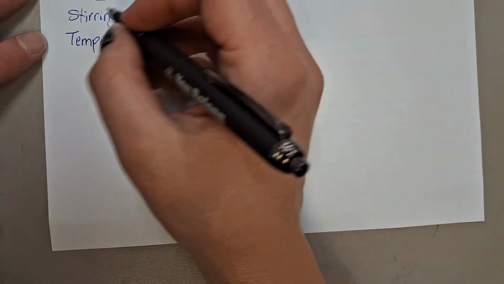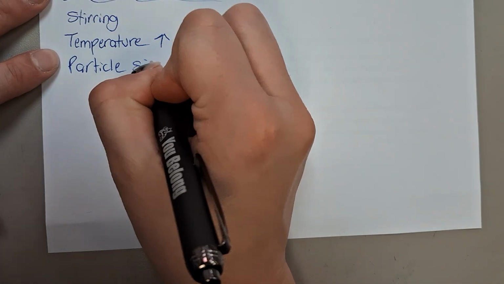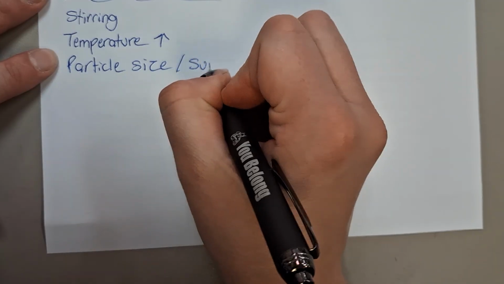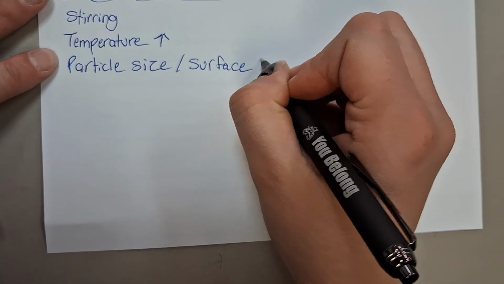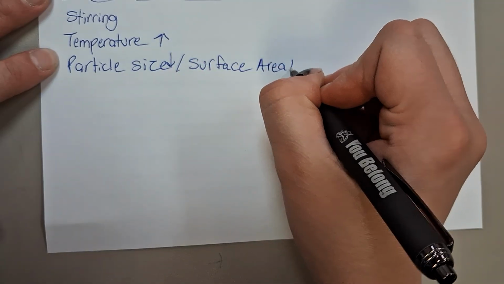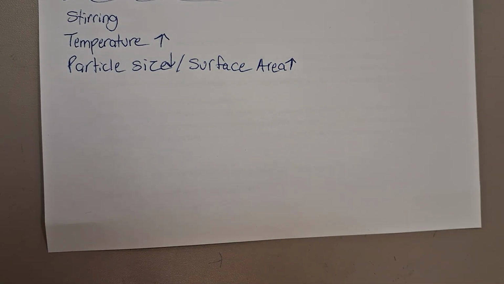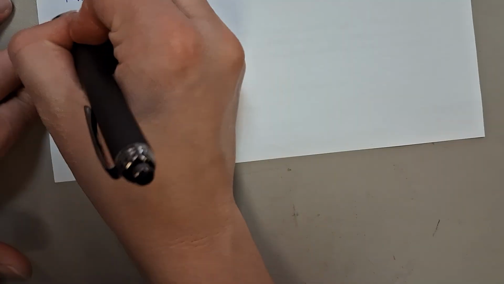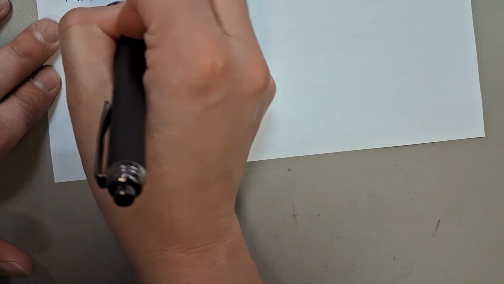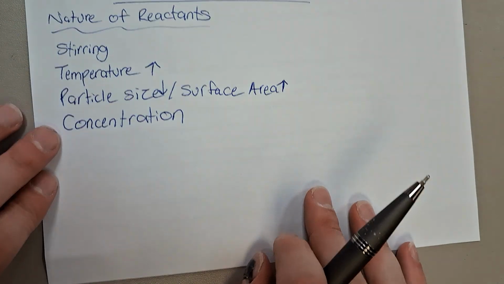And again, with stirring, I want you to think with these 3 things why it makes it go faster. After temperature, we have particle size or surface area. The smaller the particle size, the bigger the surface area, the faster the reaction. So when you break it up, it's going to react faster. Next is concentration. The more concentrated it is, the faster it will be.